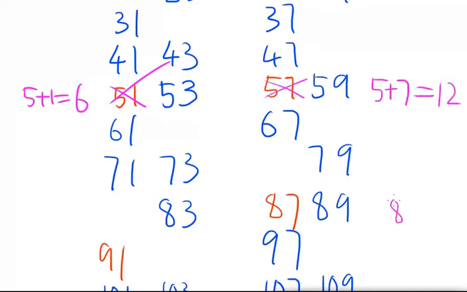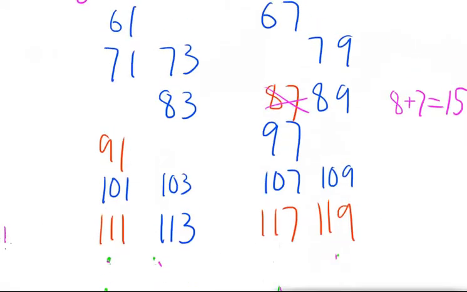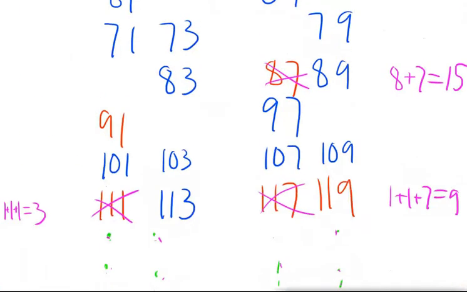Goodbye to you. 3 plus 7 is 15. And 1 plus 1 plus 1 is 3. Bye. 1 plus 1 plus 7 is 9. Bye to you. But these two pass the test, which means they're not divisible by 3. So they're actually still on my list.